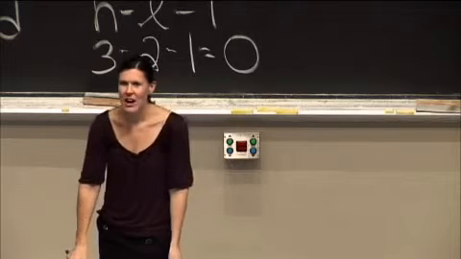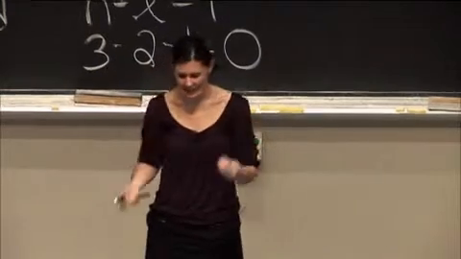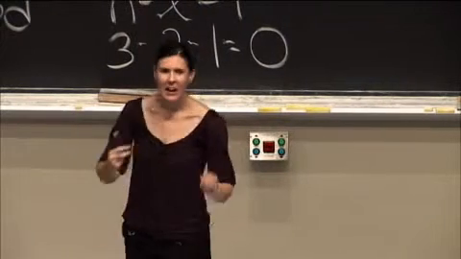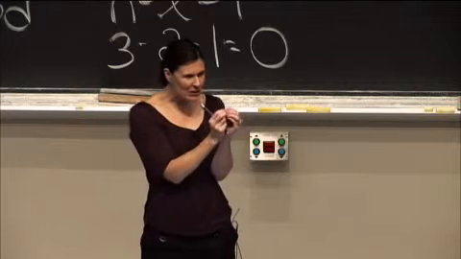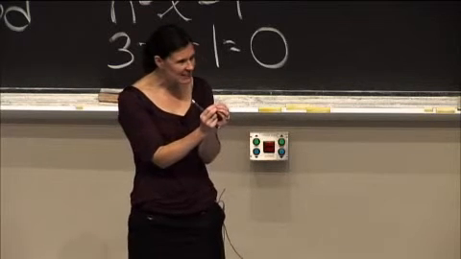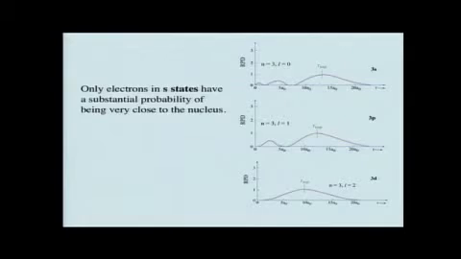So I want to contrast that with another concept that seems to be opposing ideas, and that is thinking about not how far away the most probable radius is, but how close an electron can get to the nucleus if it's actually in that orbital. And what we'll find is that we actually see the opposite.